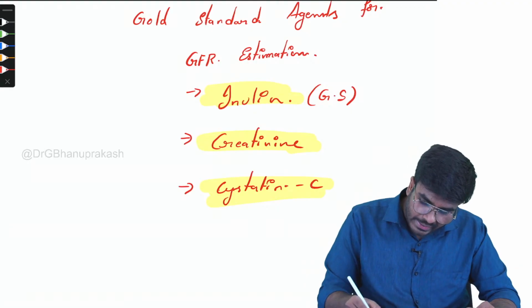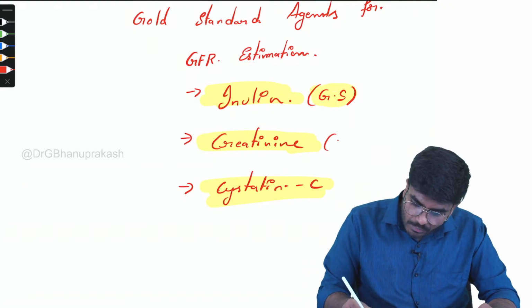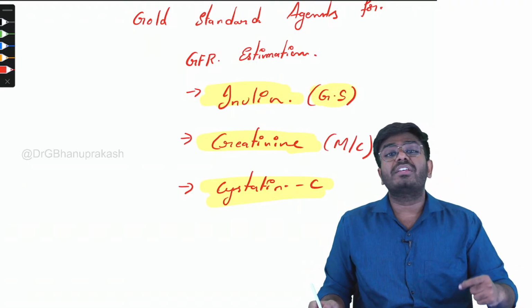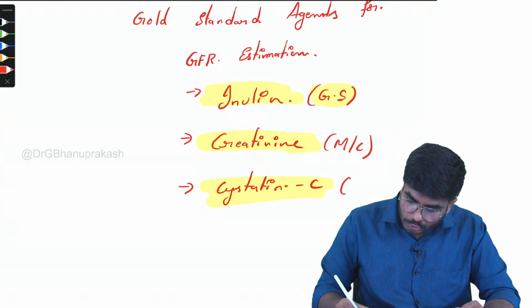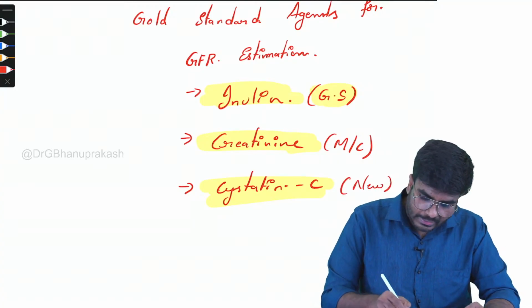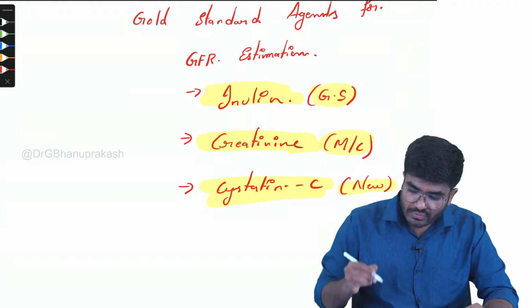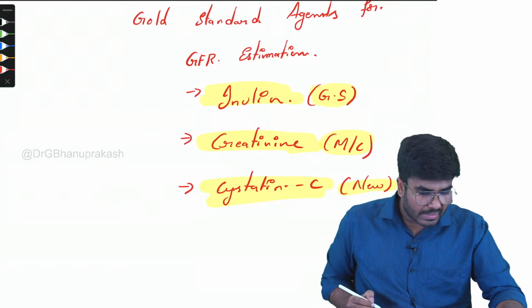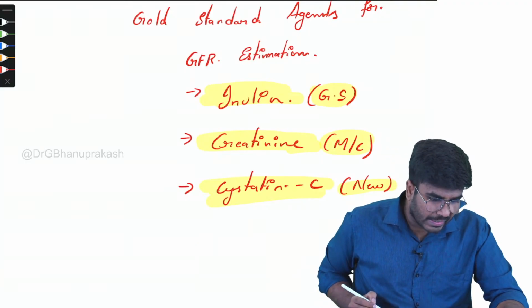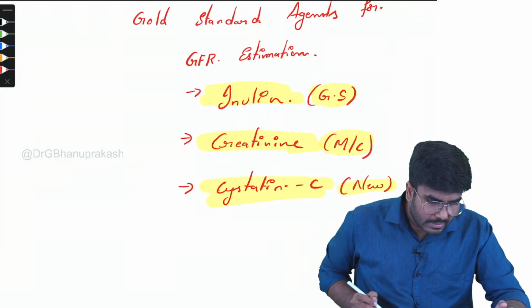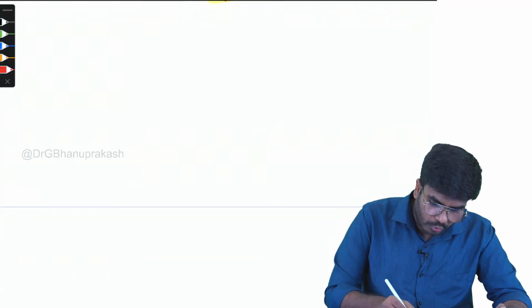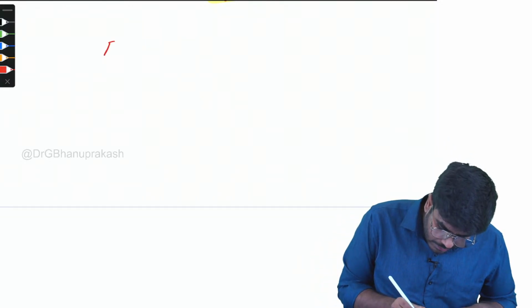The gold standard agent is inulin. Creatinine is the most commonly used for measurement of GFR, and the new marker available for GFR estimation is cystatin C. Now after seeing these markers, let's go with the formula. How to calculate GFR. Let me write it down here.